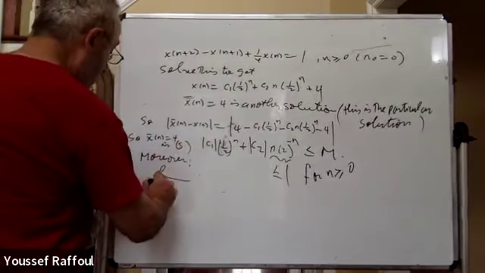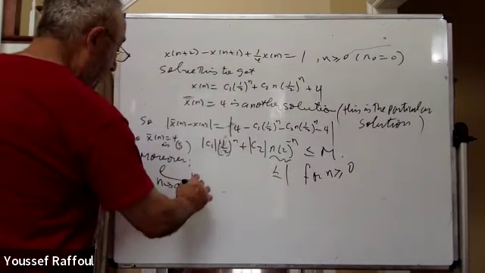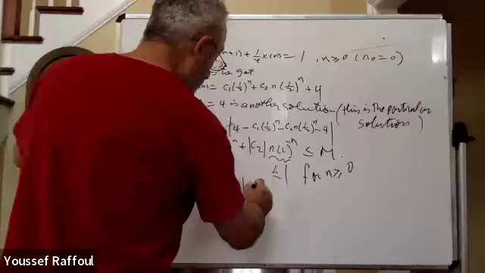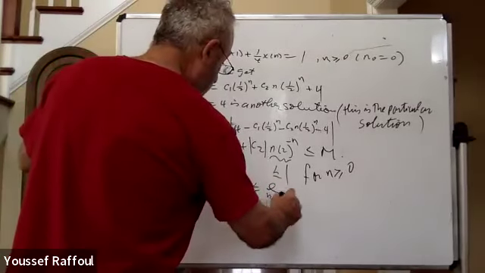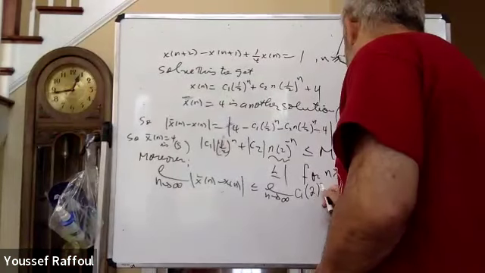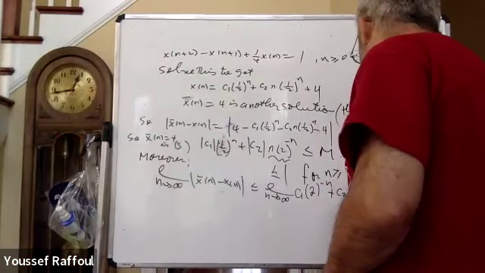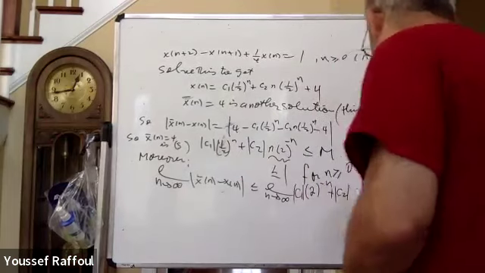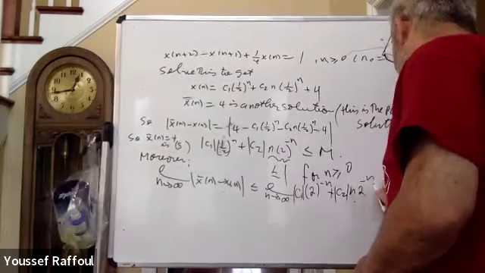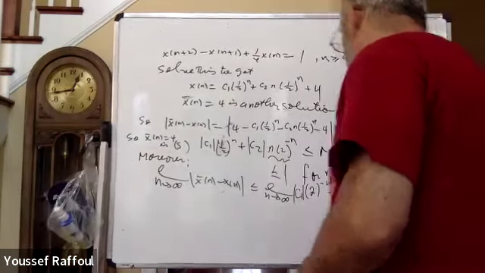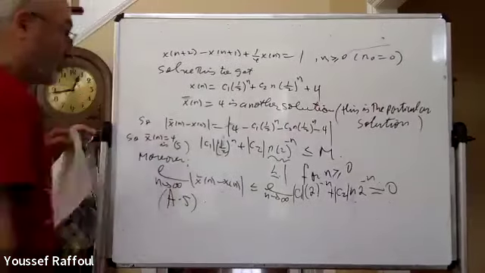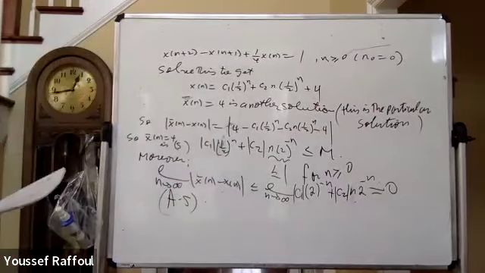Moreover, if I look at the limit as n goes to infinity, that will be less or equal to the limit as n goes to infinity of c1 2 to the power minus n plus c2 n times 2 to the power minus n, and that is equal to 0. So actually it is asymptotically stable. Okay?